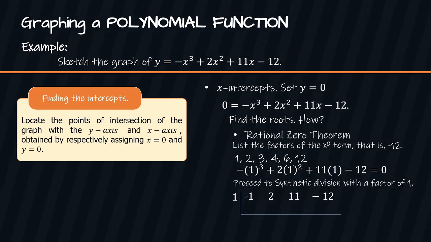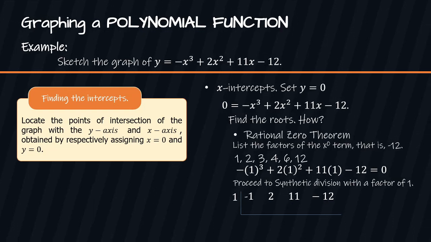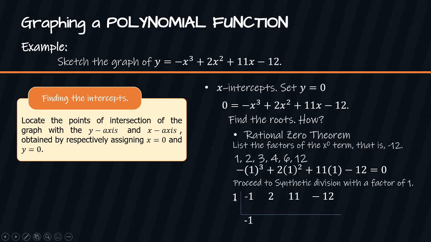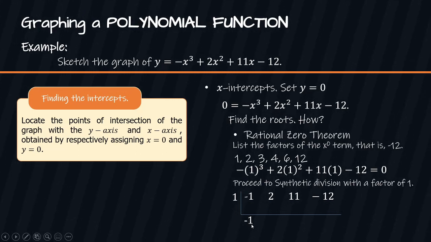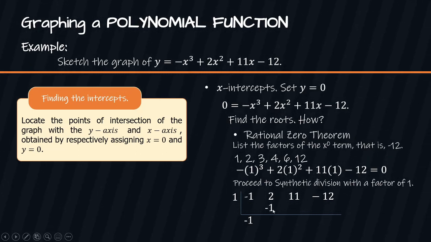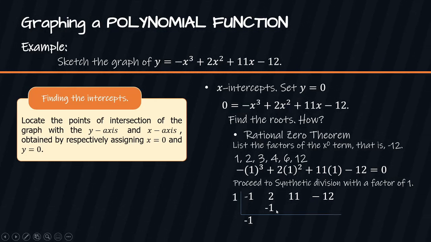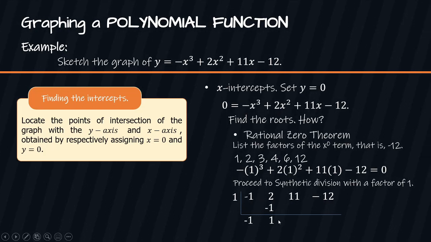First step for synthetic division, we bring down negative 1. We multiply 1 times negative 1, which is equal to negative 1. Then we add these values: 2 plus negative 1 is 1.